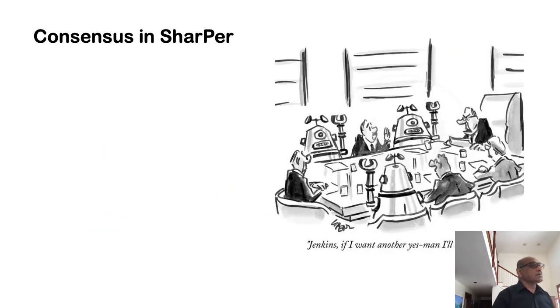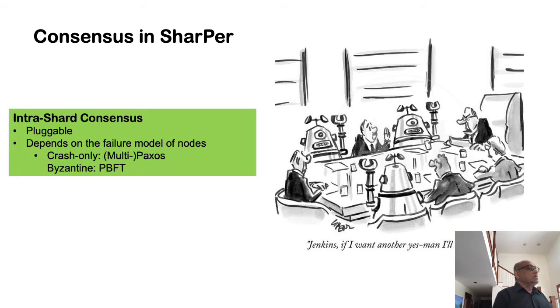So how do we achieve consensus? How do we ensure ordering of these transactions, which can be thought of as local and non-local transactions? What you need is 2 types of consensus mechanism. One is what is referred to as an intra-shard consensus, which is essentially used to order the transactions that are confined within a shard.